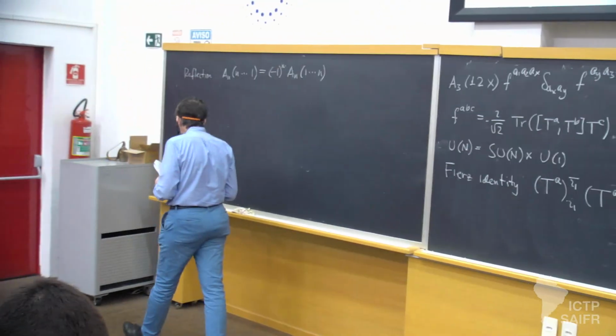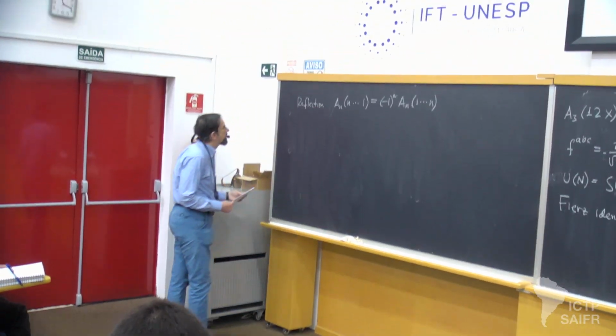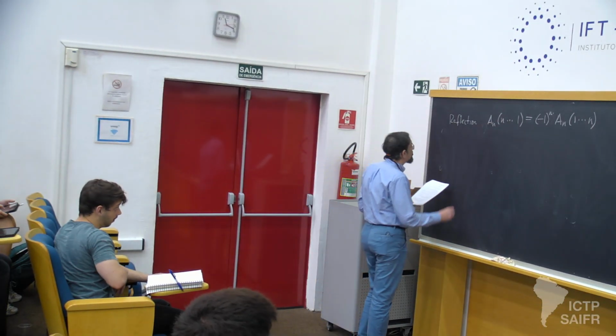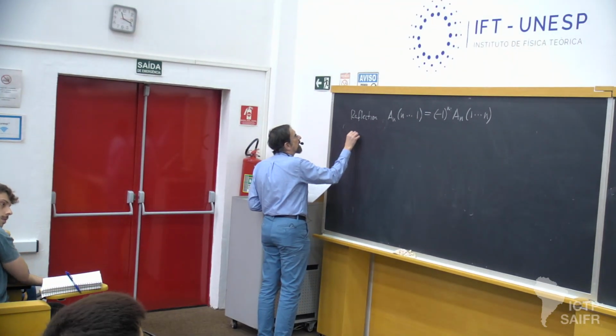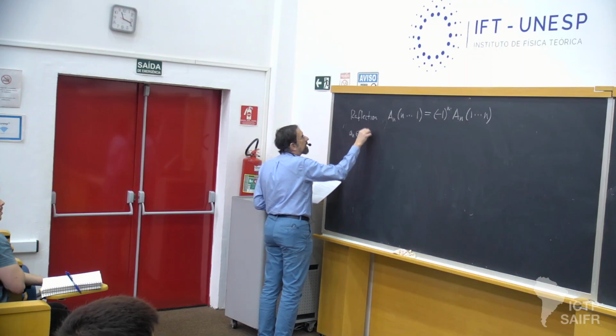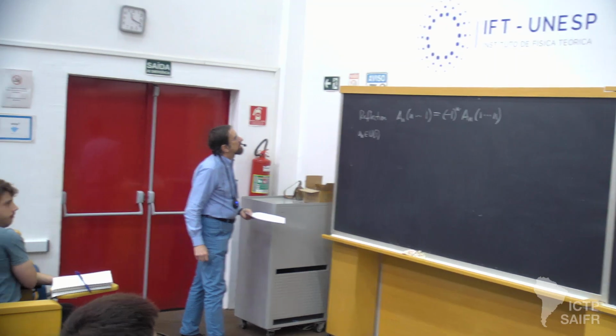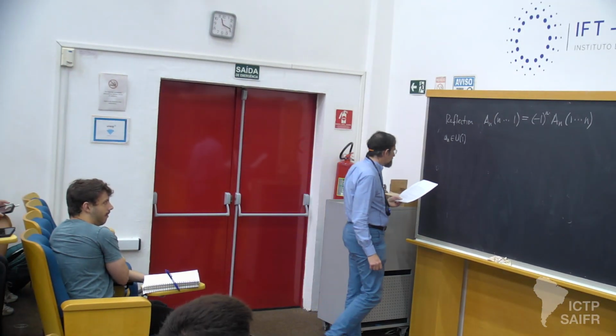But we can use the U(1) to get an identity. So for example, let's choose a_n to lie in the U(1). So it would correspond to a matrix that's proportional to the identity matrix.